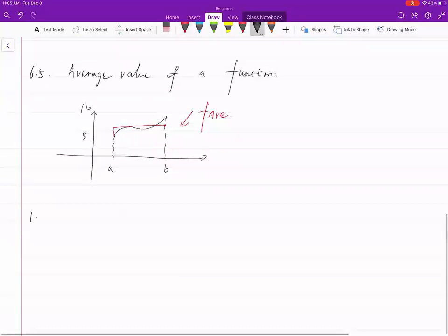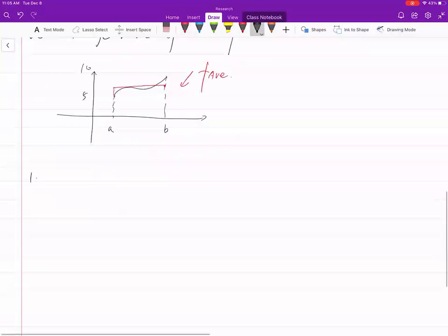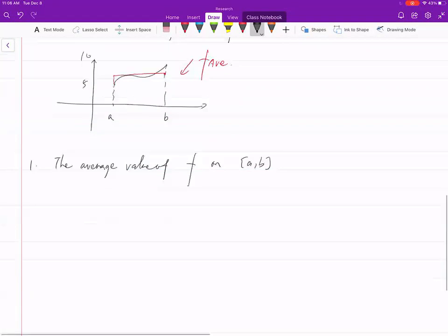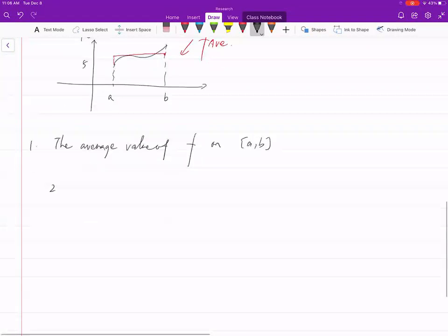How do we get the formula? Well, we start from the classic average value. Think about it. What do you mean by classic? What's the average value of 2 and 3? 2.5.